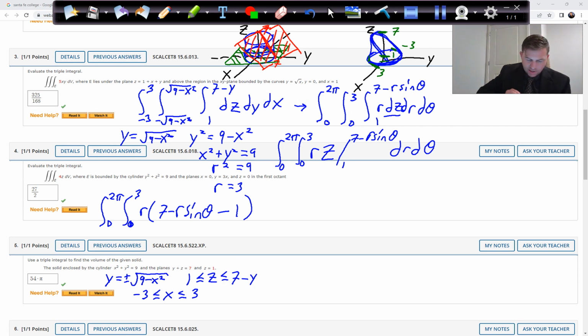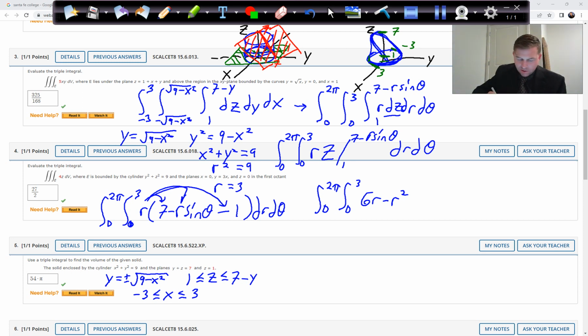And so we're going to get 7 minus 1 is 6. So we're going to get 0 to 2 pi, 0 to 3. This is going to be 6 times r, so 6r, minus r sine theta, so it's minus r squared, because I've got to distribute this r to all these terms. And so we get r squared sine theta, and that's with respect to r and then theta.